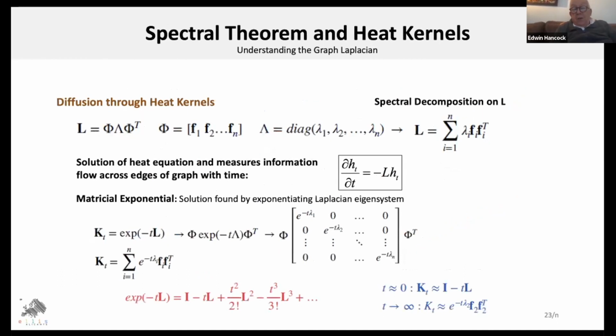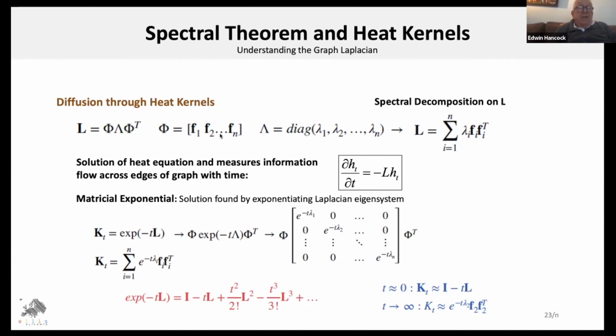So the next topics I'd like to address are introducing the heat kernel on a graph, and then talking about the commute time on a graph. Let's start by decomposing the Laplacian matrix into an eigenvector matrix phi, a diagonal eigenvalue matrix lambda, and the transpose of the eigenvector matrix.